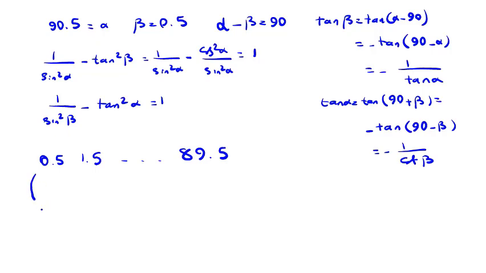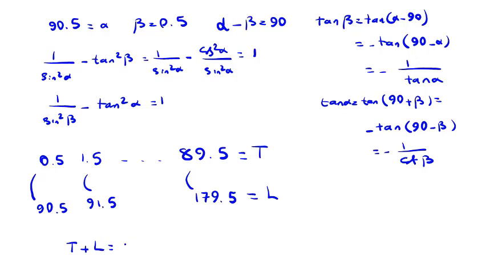Now it has a relationship with 90.5. This is 91.5, and it is now plus 90, up to 179.5. So we know the sum of them equals t. If the sum of them is L, you know t plus L, each pair is 2. So it is 2 times, because it has two parts, sine with tangent of this with sine of this, 2 times 90, which is 180.